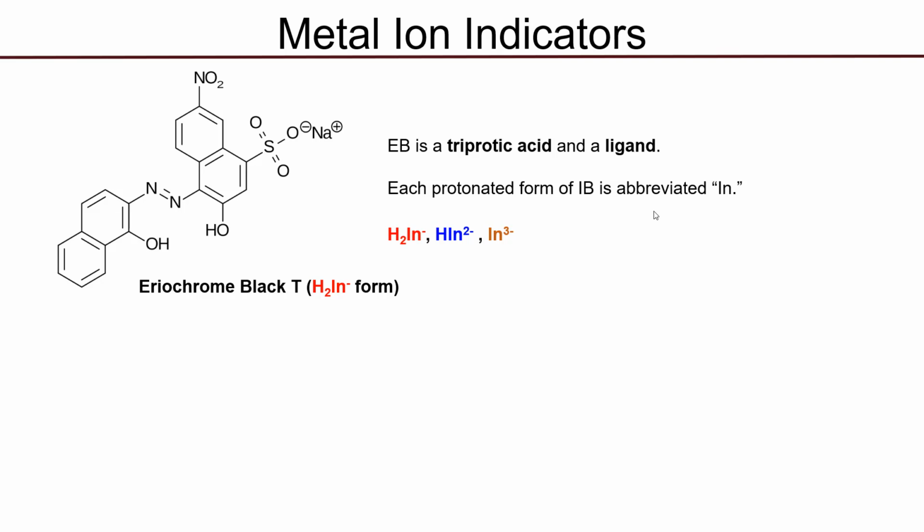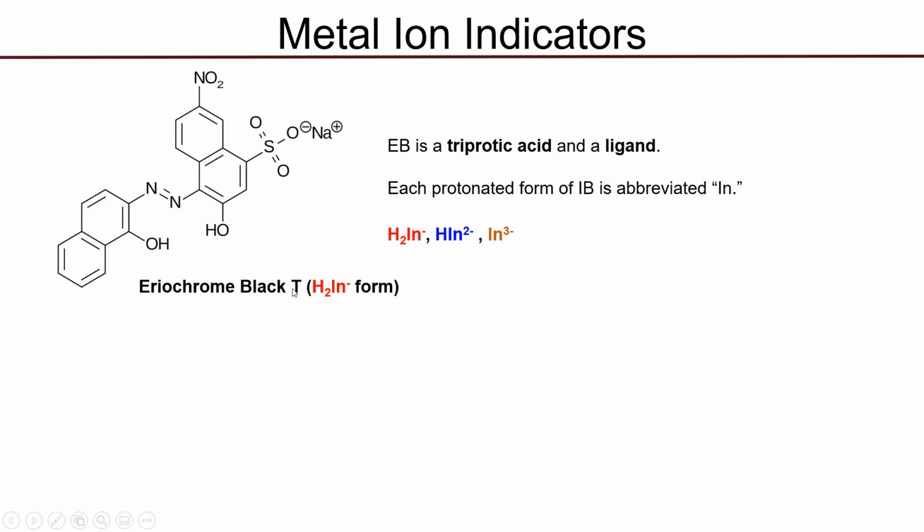Remember, analytical chemists tend to be allergic to full organic chemical formulas and full organic structures. When talking about an indicator, like we use Y to represent EDTA, analytical chemists just tend to call it IN to indicate the indicator.